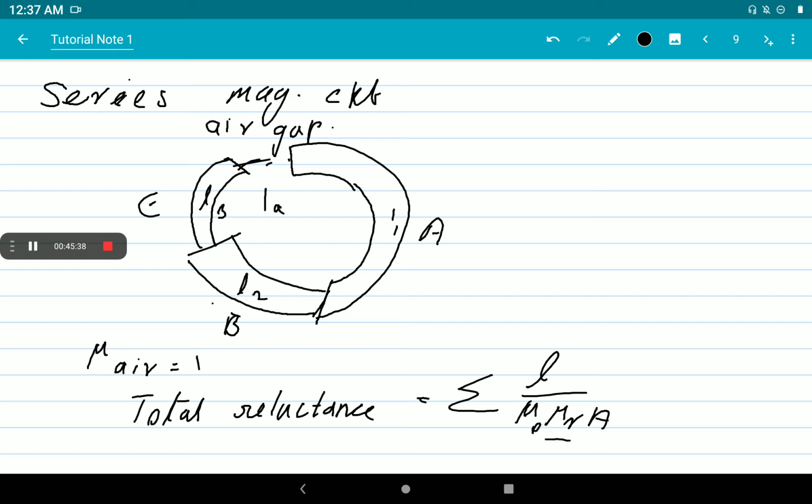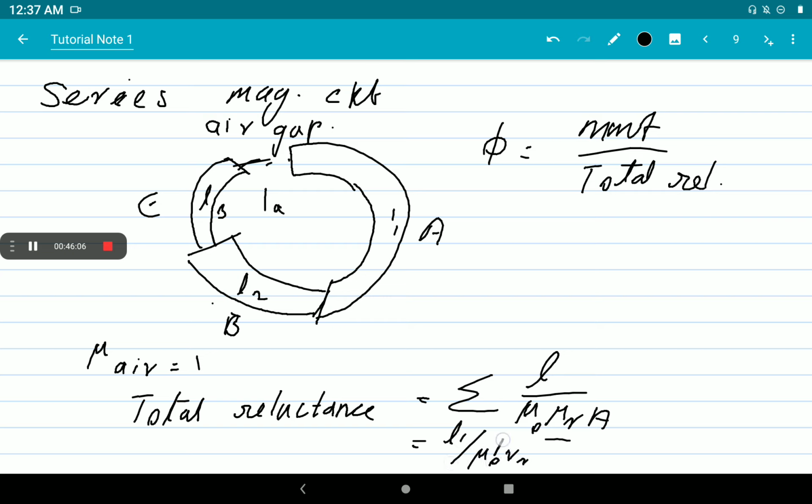So the total flux phi is equal to MMF by total reluctance. And we know that the total reluctance is the sum of the reluctance of each material, that is L1 by mu 0 mu r A1.